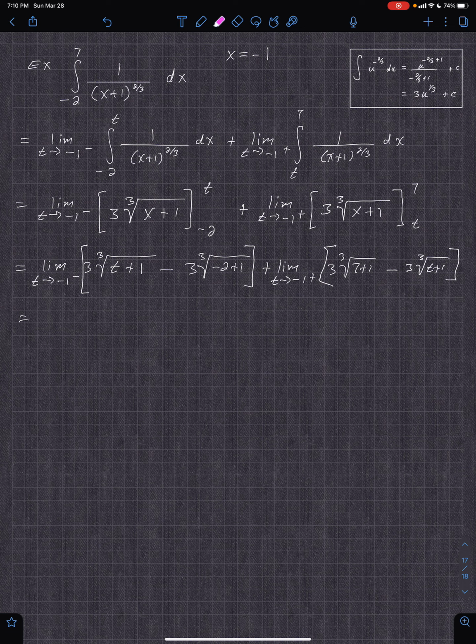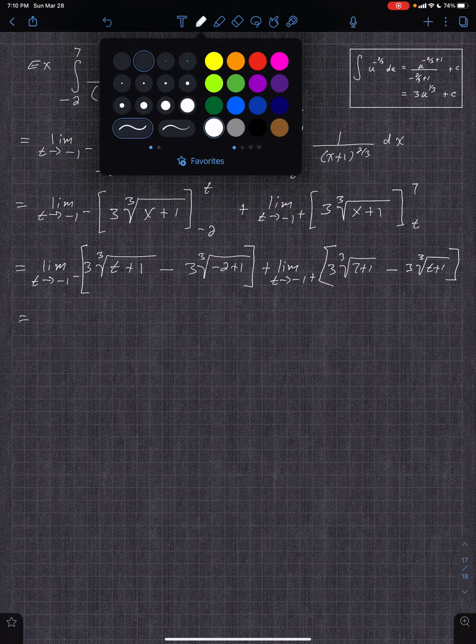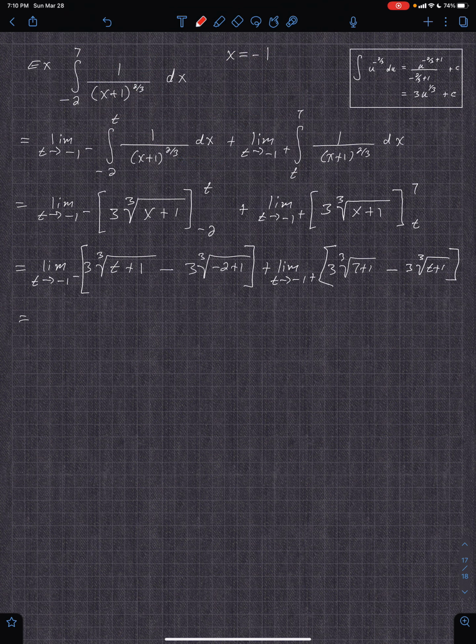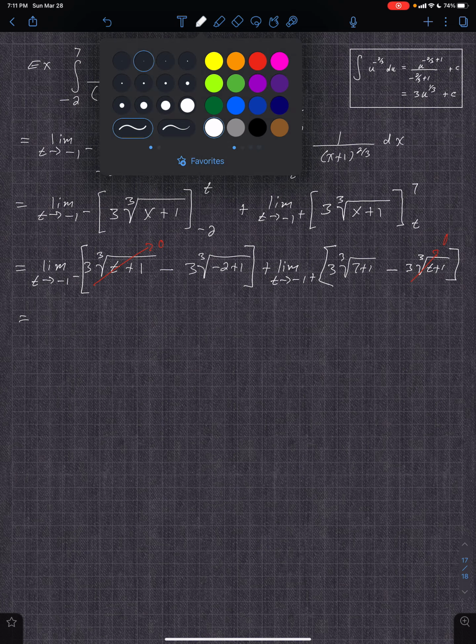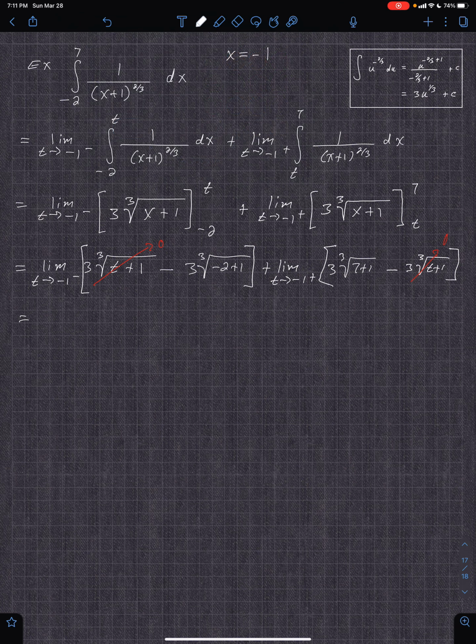Okay, let's see what happens. So this guy here, this is approaching 0, and this is approaching 0, same thing. So you're evaluating the limit of the radicals. So that'll be a 3 here.